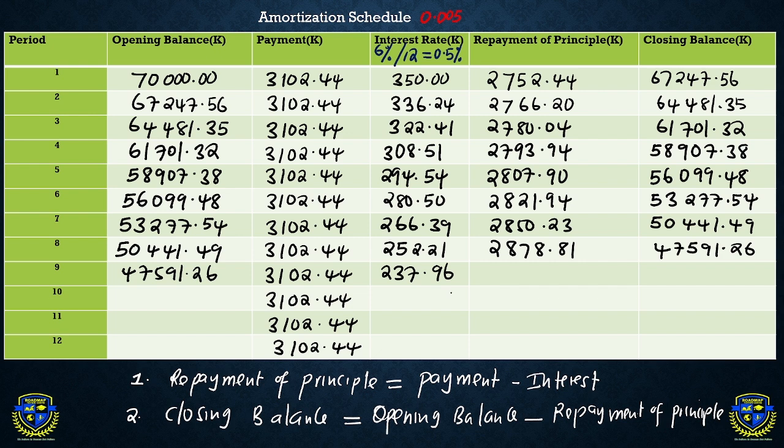Okay, subtracting the 237.96 from 3,102.44. Okay, that is going to give us 2,864.48.